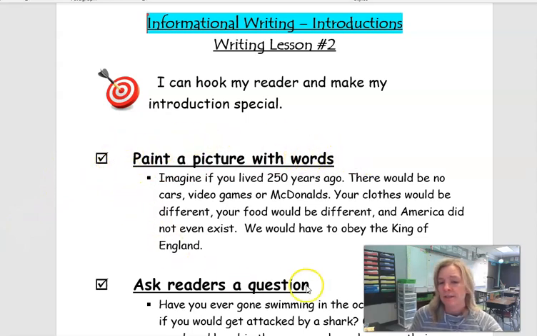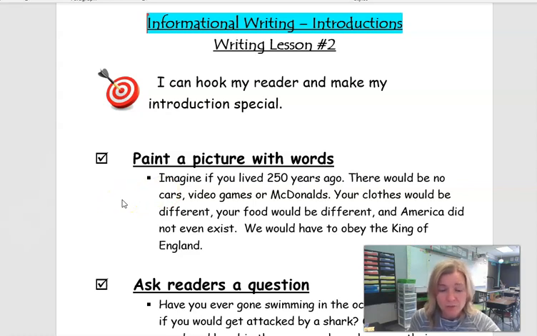So here's an example for American Revolution that I could choose that I wrote. So I'm just kind of painting a picture, like really describing what it would be like. So I say, imagine if you lived 250 years ago. There would be no cars, video games, or McDonald's.